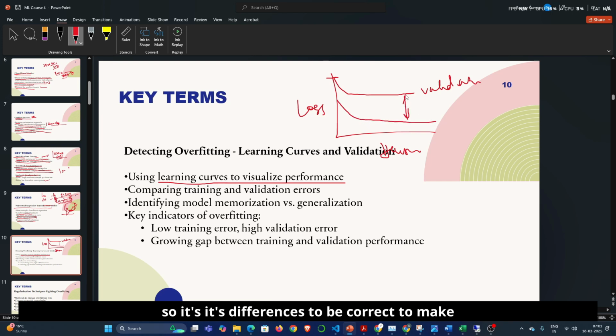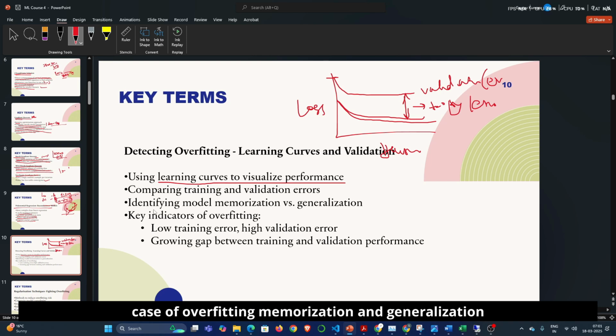The difference is too big, right? There are chances that the validation error is high and the training error is very low. So through learning curves, we can see that there is a case of overfitting.